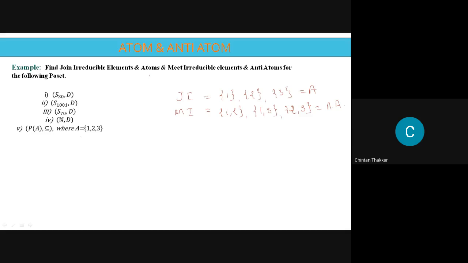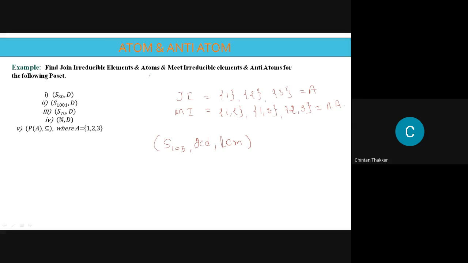Write the atoms of S105 with GCD and LCM.